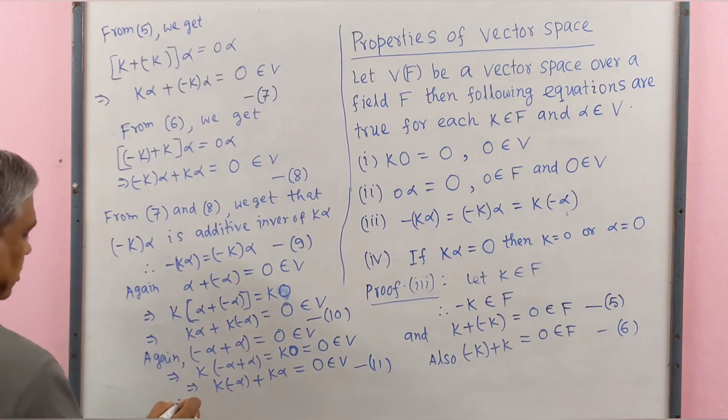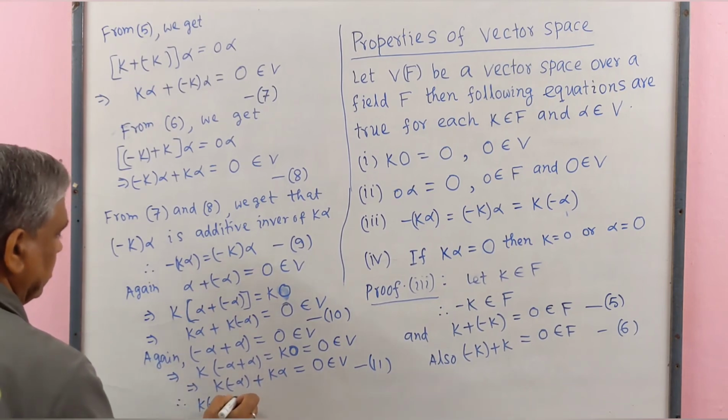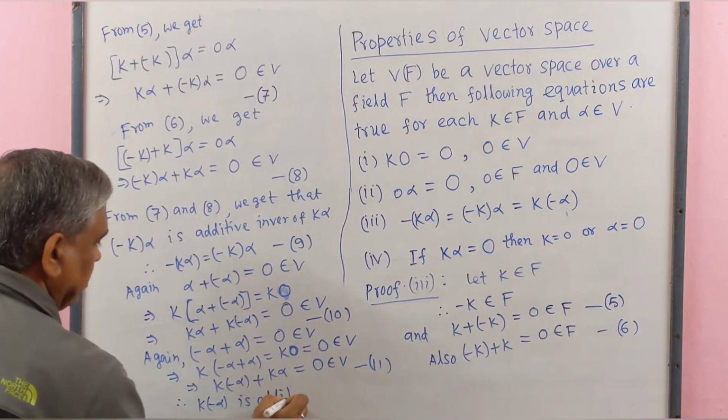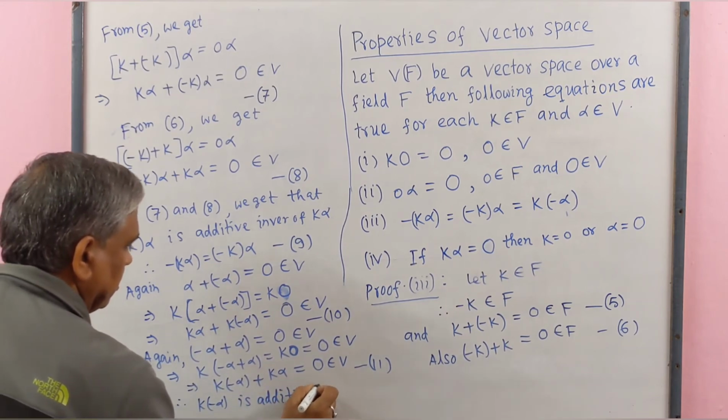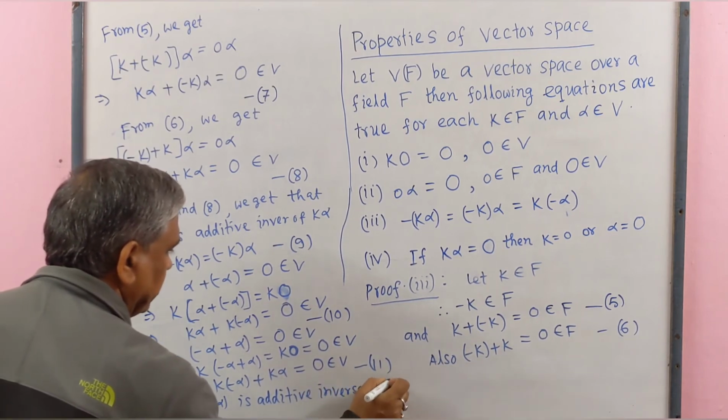Therefore, k (minus alpha) is the additive inverse of k alpha.